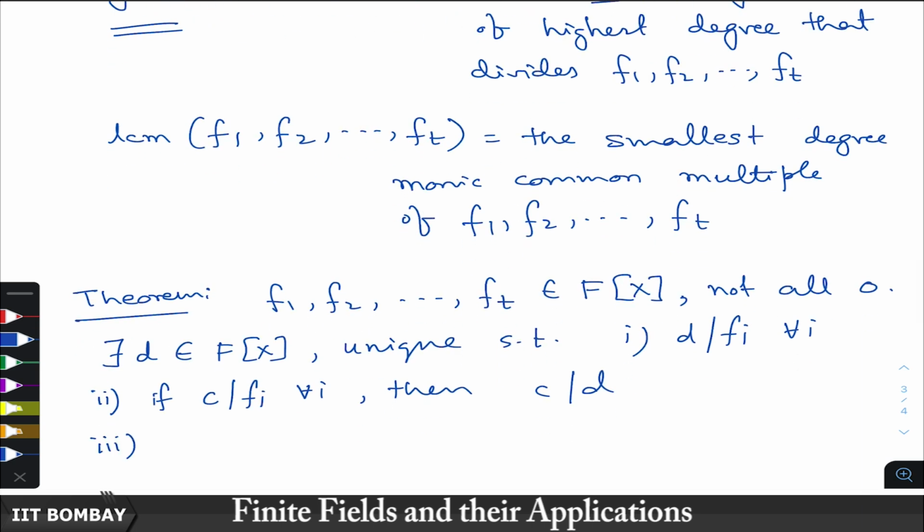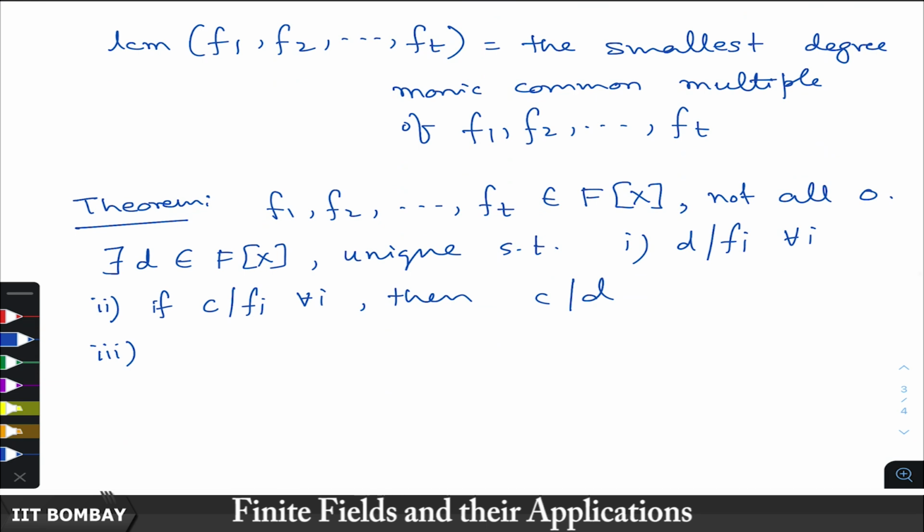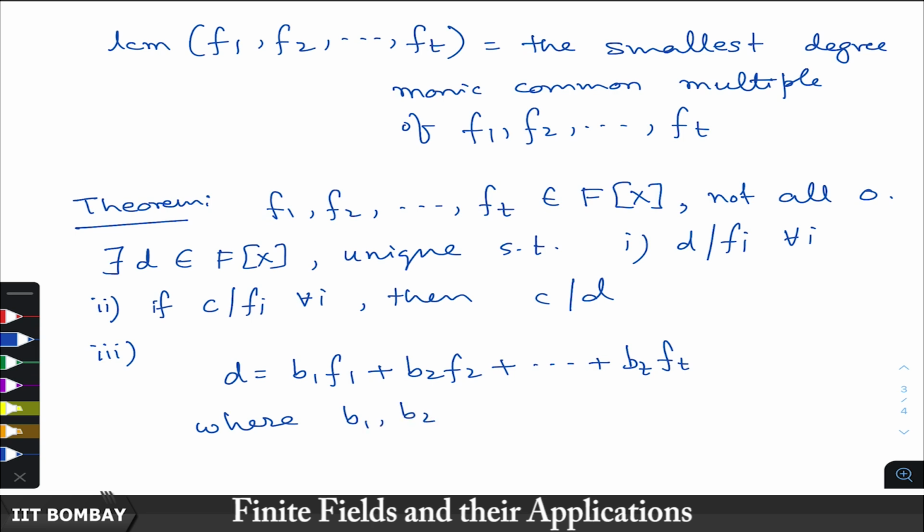And 3, d can be expressed in the form d equal to b1 f1 plus b2 f2 plus up to bt ft, where b1, b2 to bt are from F[x]. So, this is similar to Bezout's lemma in the case of integers.